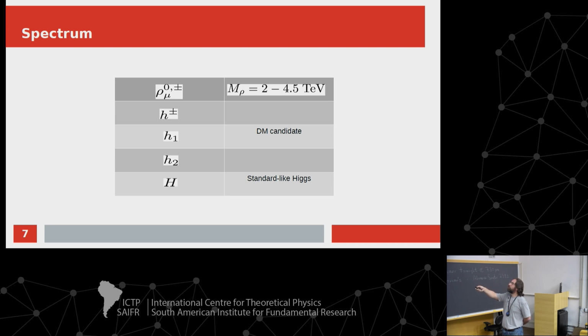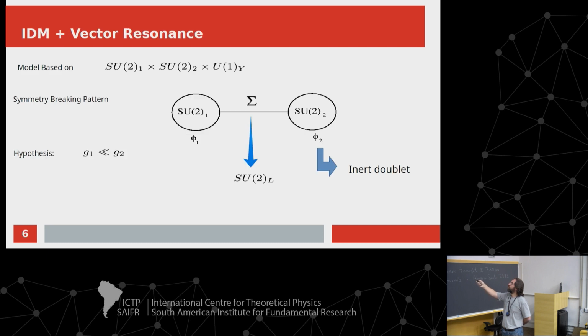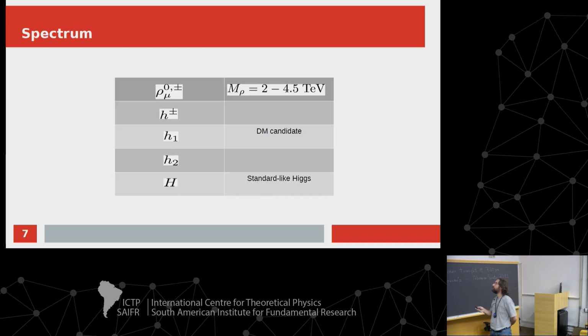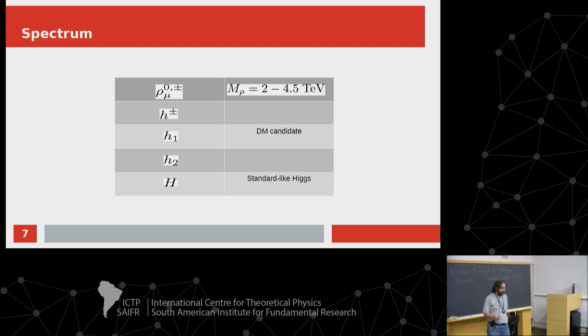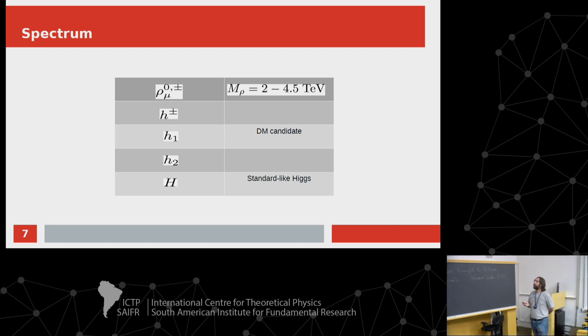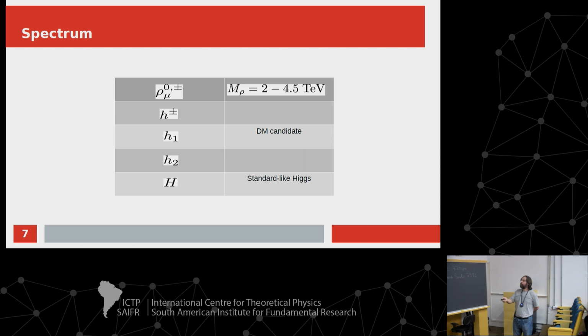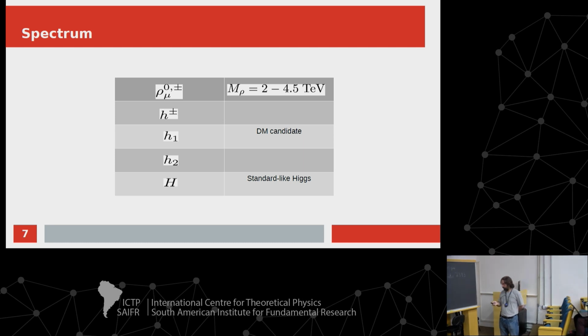H1, H2, and the charged one belong to phi 2. And this is the standard model like doublet. So the standard model doublet is charged for SU2_1, not the diagonal. Yes, yes. And the capital H is the standard model like Higgs. Okay.